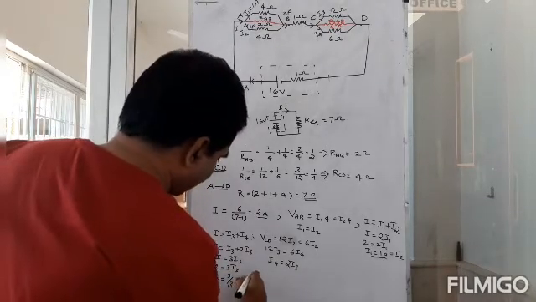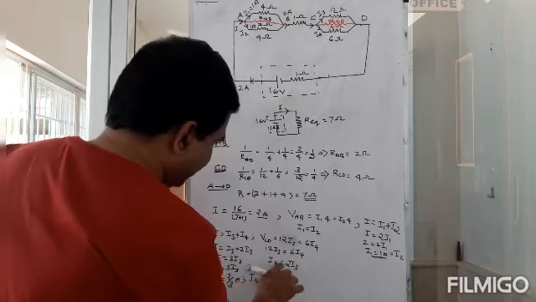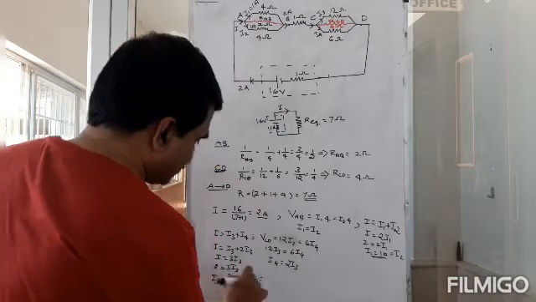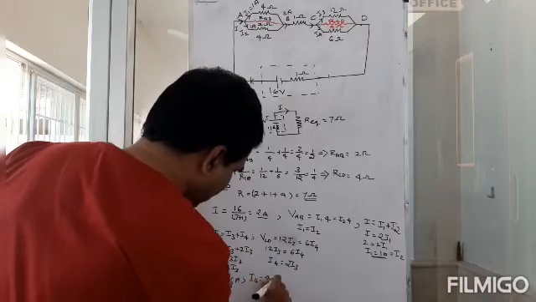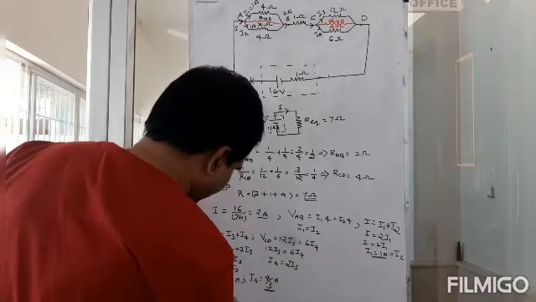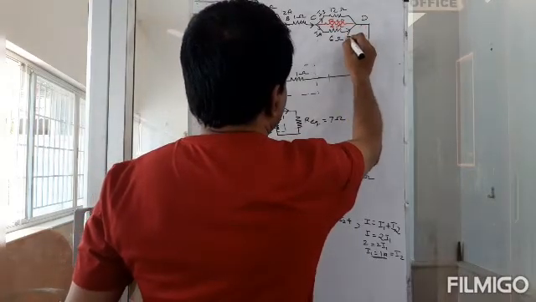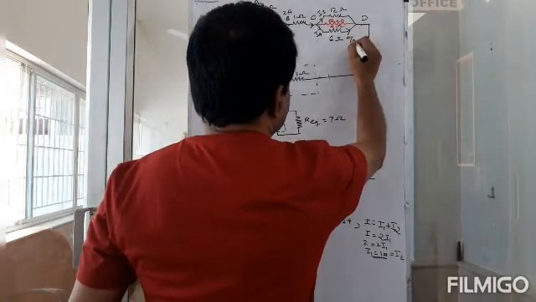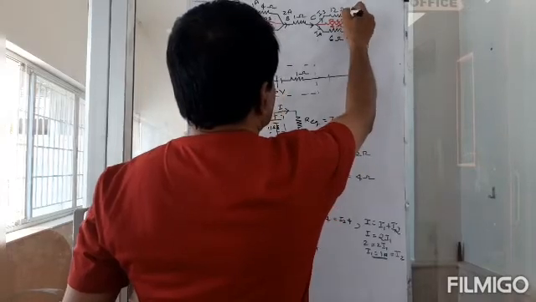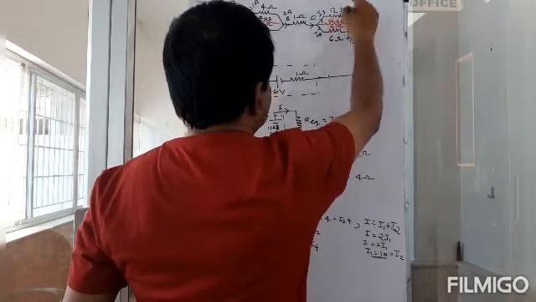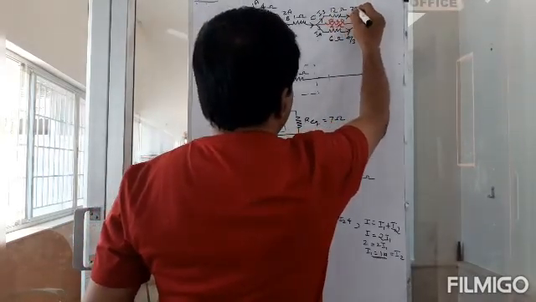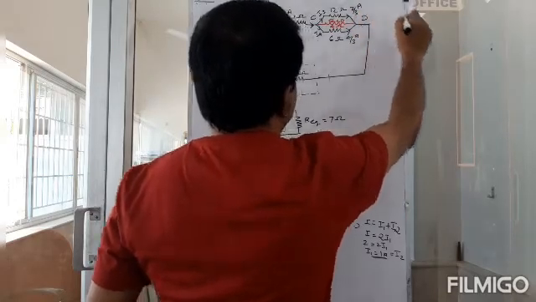Then what about I4? I4 is 2 I3. So 2 into 2, 4 by 3 amperes. So the current through this is actually 4 by 3 amperes. The current through this resistor I3 is 2 by 3 amperes.